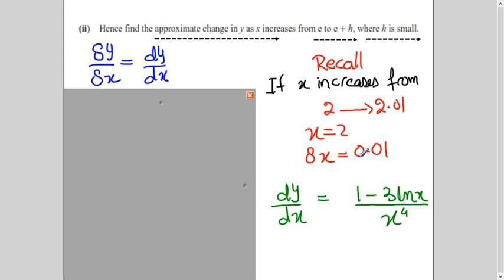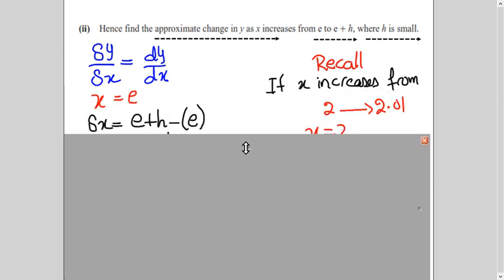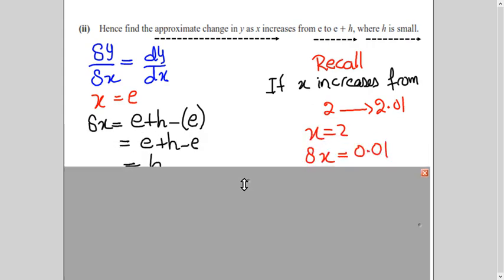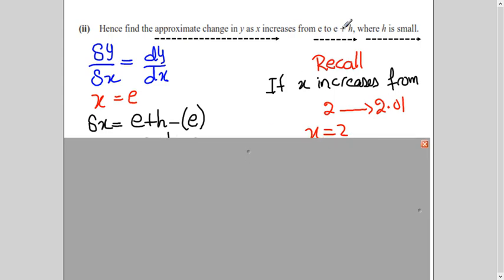So now I will see the question, and in this question, your x is e and this is the new value after the change. So if you have to find out your delta x, you will do new value minus old value.